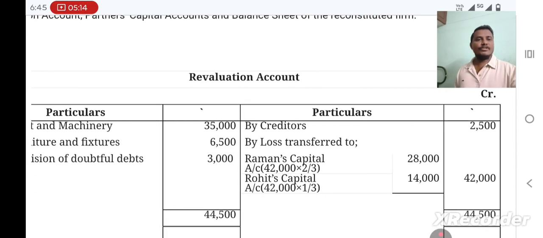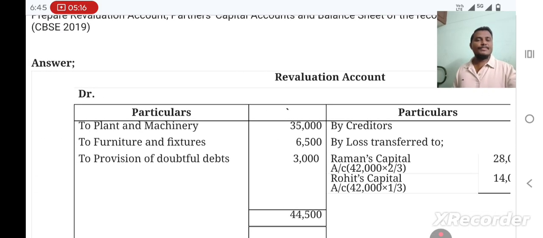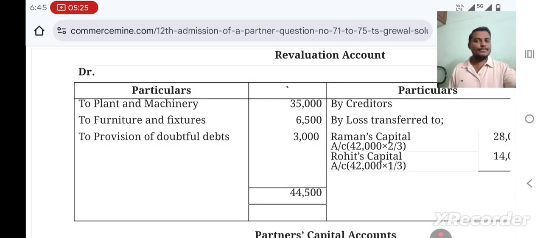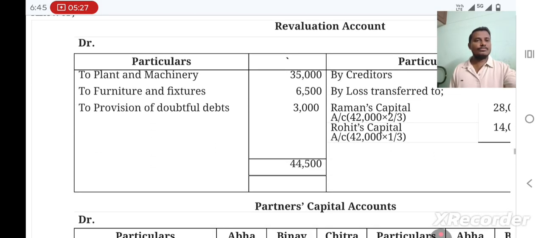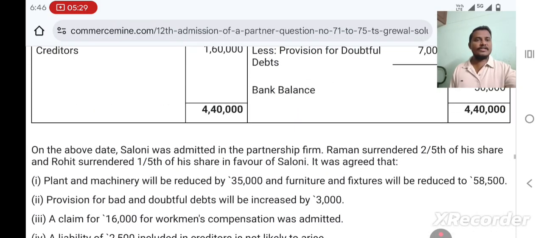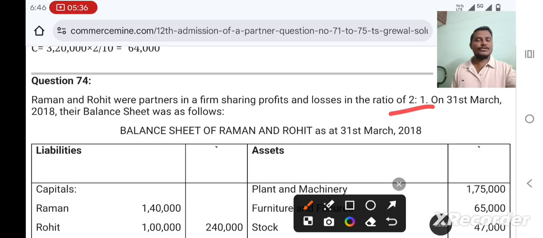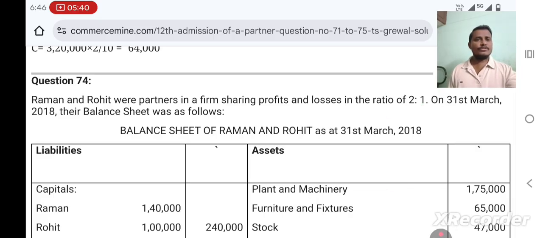I think that's all for the revaluation account. The difference between the debit side and credit side gives you either profit or loss. That you split in the old ratio 2:1, which they have given at the top of the question above the balance sheet. So that's all for the revaluation account.